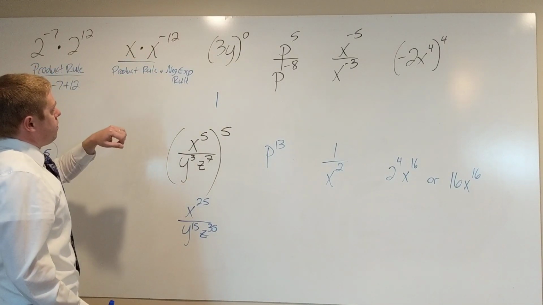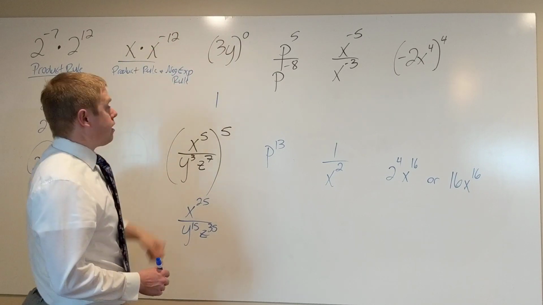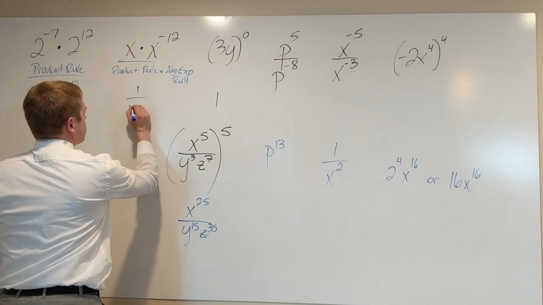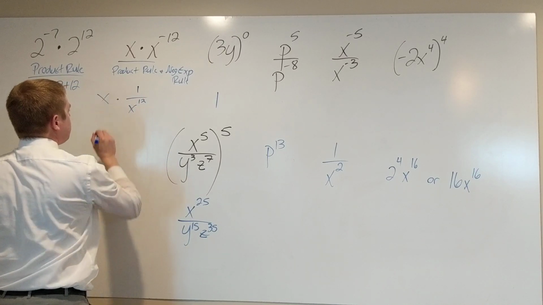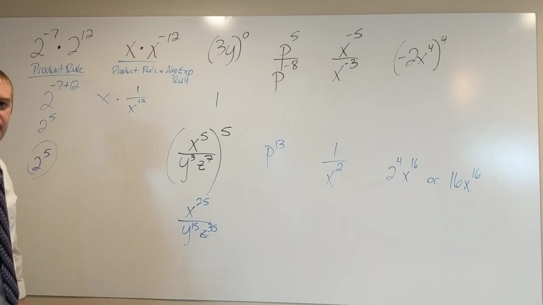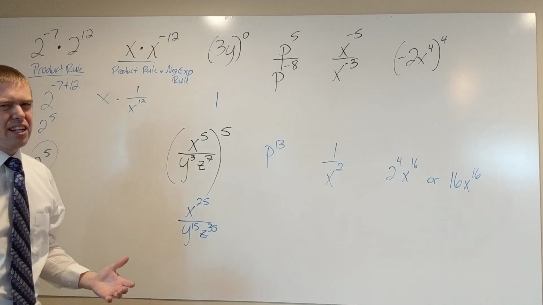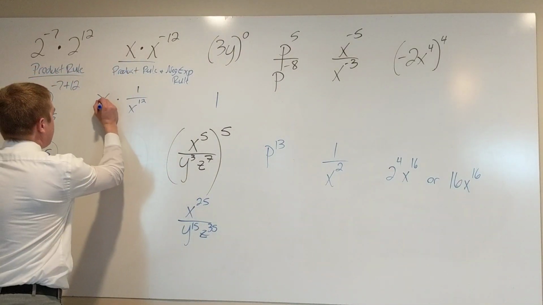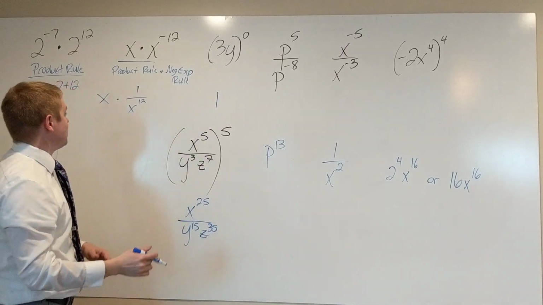So if you had to use the negative exponent first, you're going to say, well, x to the negative 12th, I've got to get rid of that. That's going to become 1 over x to the positive 12th. But then I'm going to have to multiply it times this x. And then if I multiply it times this x, then I'm dealing with fractions, which we all struggle with at some point in our lives. Except for maybe Brother Rich, I don't know if he ever struggled with fractions.